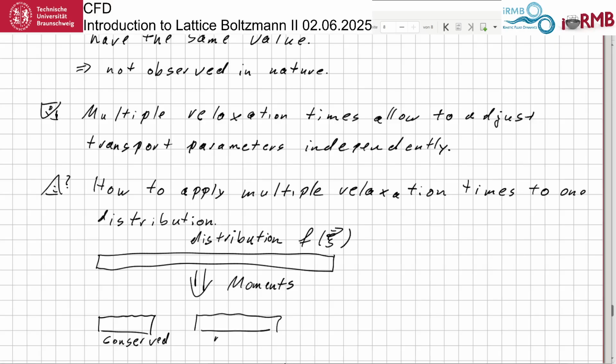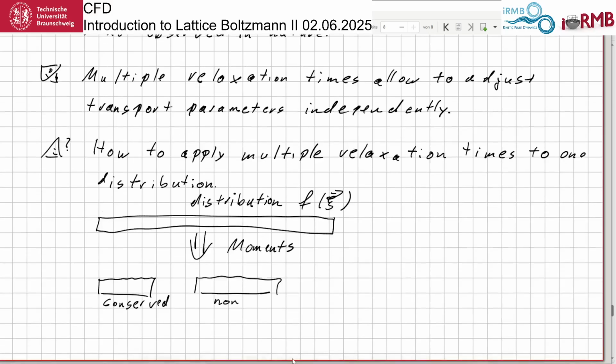We have non-conserved so-called hydrodynamic moments, and we have something that in the lattice Boltzmann world is called ghost variables.